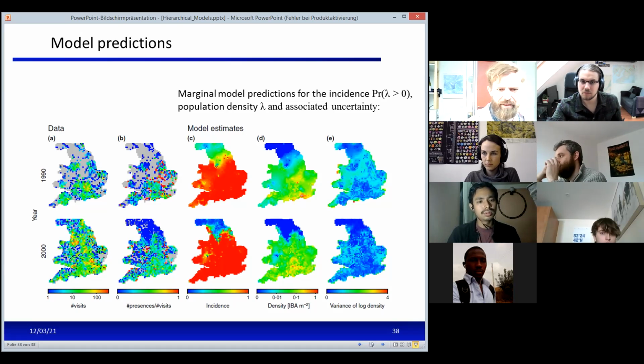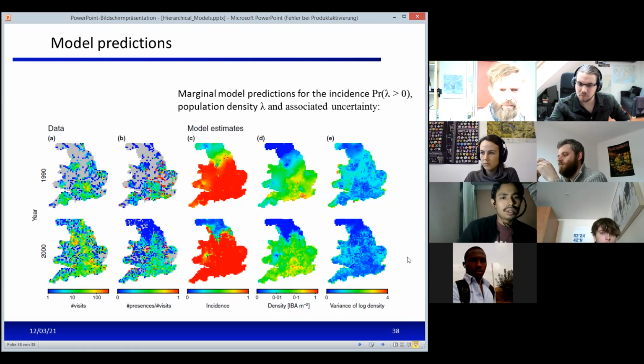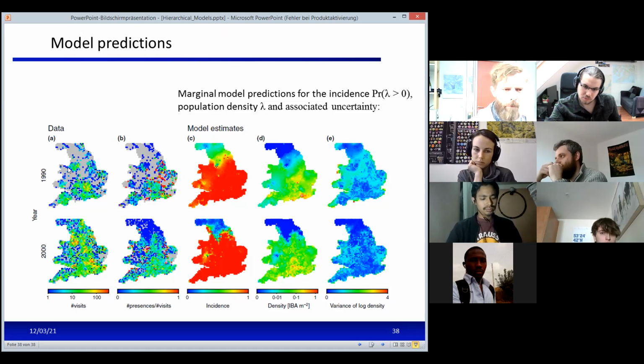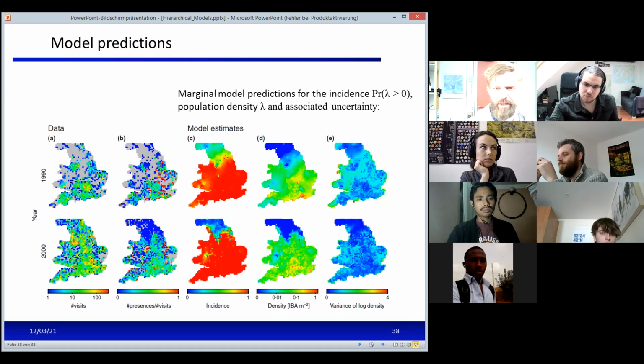And if you, for example, compare these maps showing the uncertainty about population densities to the amounts of records we got from this atlas data, we can just see quite a nice link: for those areas where we got many records in the atlas data, we get more precise estimates of population densities than for these less intensively surveyed areas.